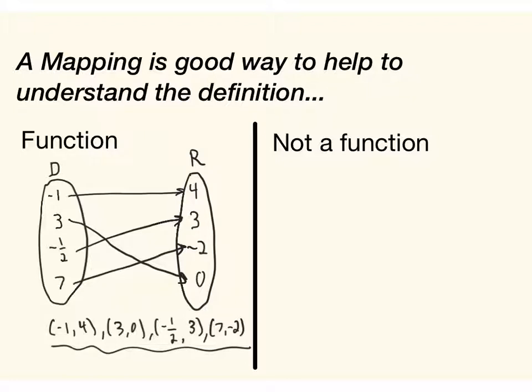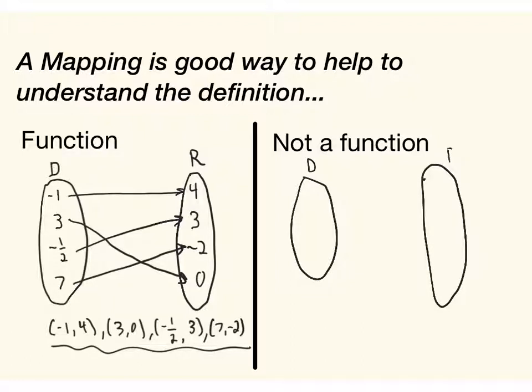Now, let's make a different mapping. So let's say that I have my domain oval and my range oval, and let's say I have 1, 2, and -3 in my domain, and let's say we have 5, 4, 7, and 2 in the range. I'm just creating this because I want to make the example.